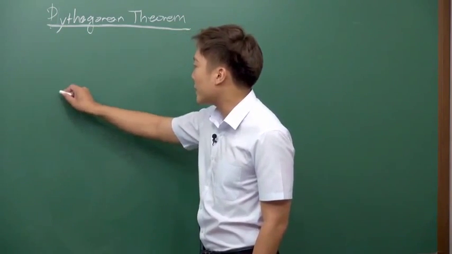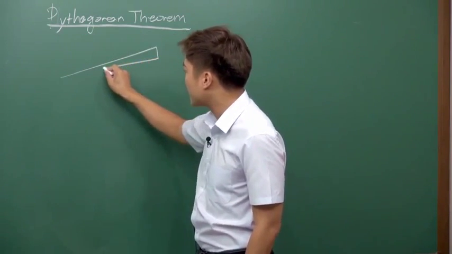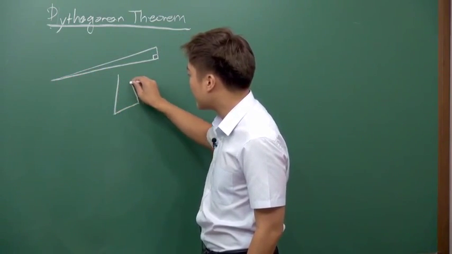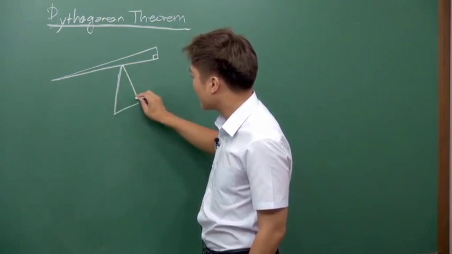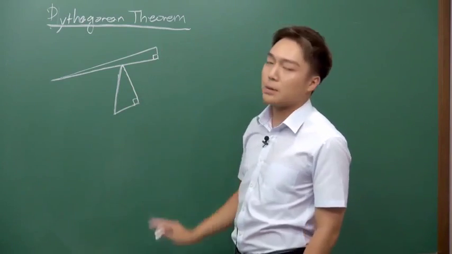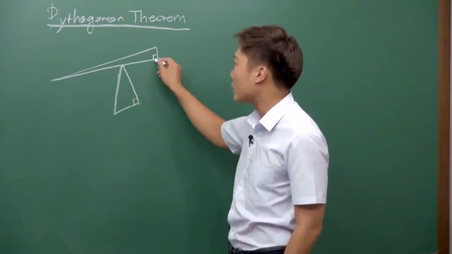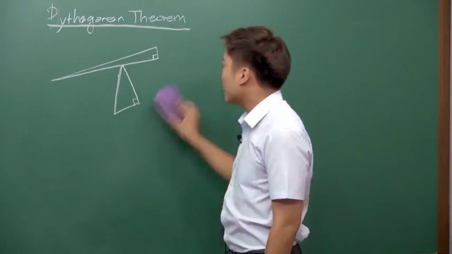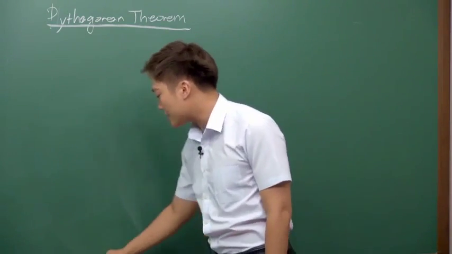So it can look like this, and this could be the right angle. It could be like this, okay? All different types of triangles that have a right angle, you're able to apply the Pythagorean theorem, okay? Now, how does this work? All you need to know is this.